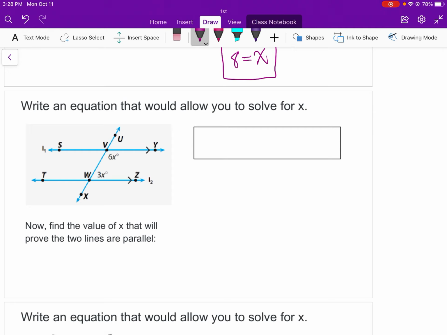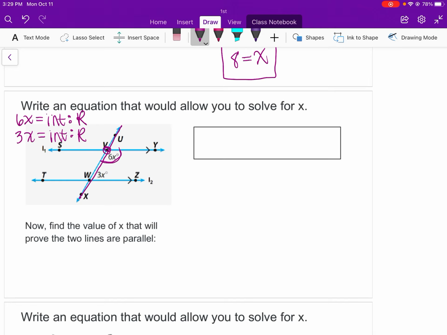Okay, once again, if I look at this, my 6x is interior, so it's on the interior and right of the transversal. 3x is also interior and right of the intersection.